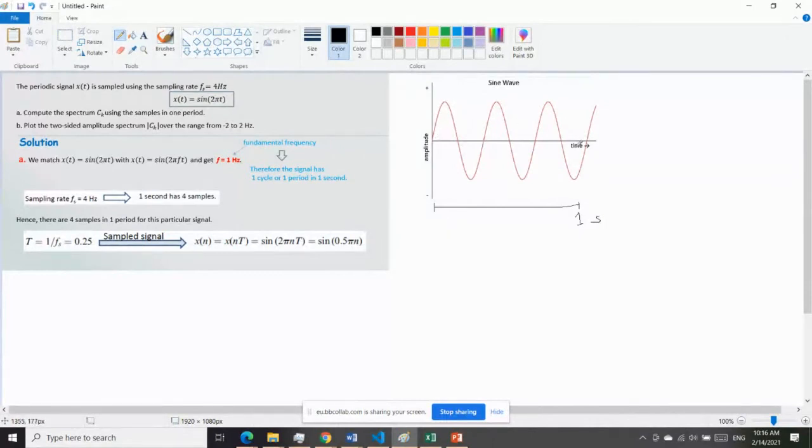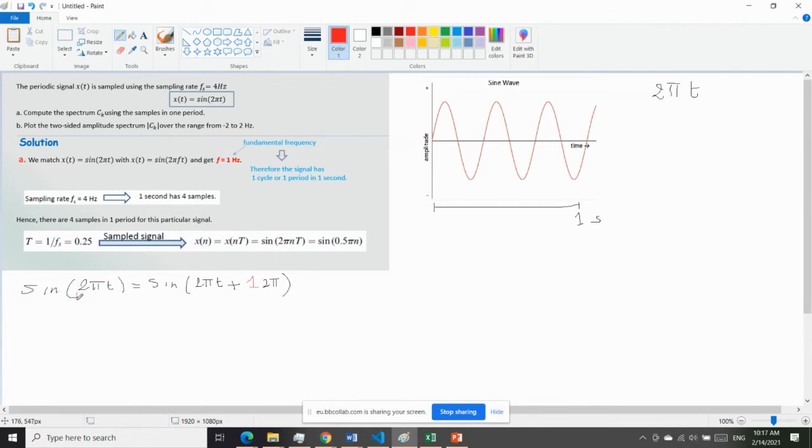Okay, so sine 2 pi t is periodic, meaning it's equal to sine of 2 pi t plus k 2 pi. We can consider k equal to 1.